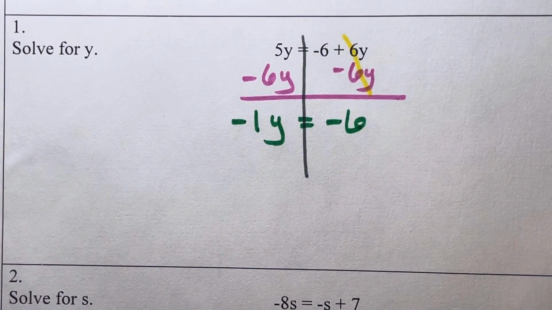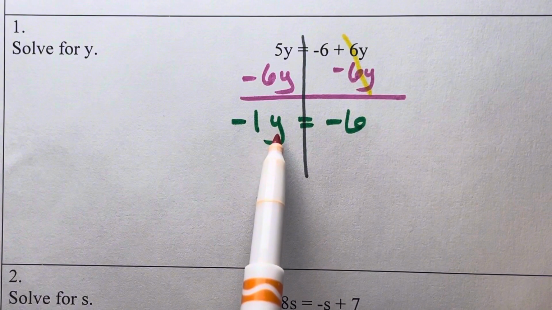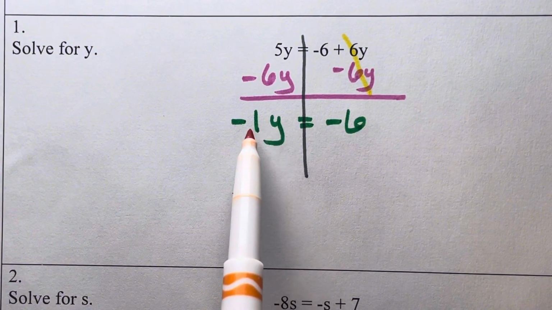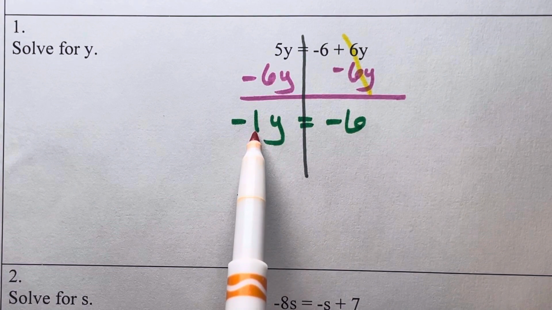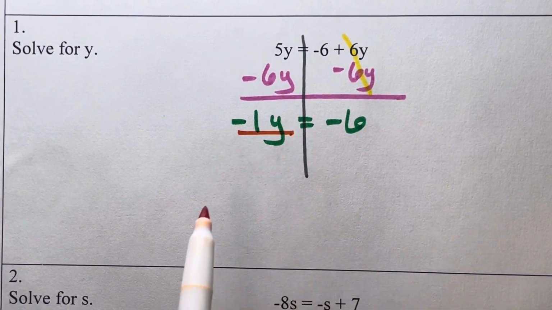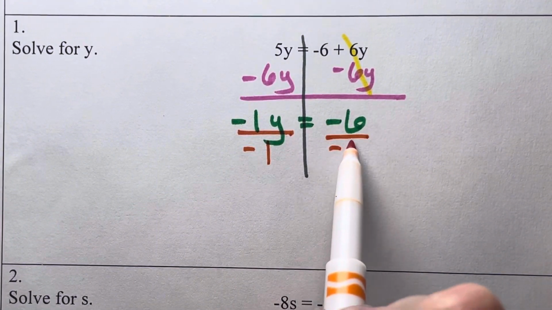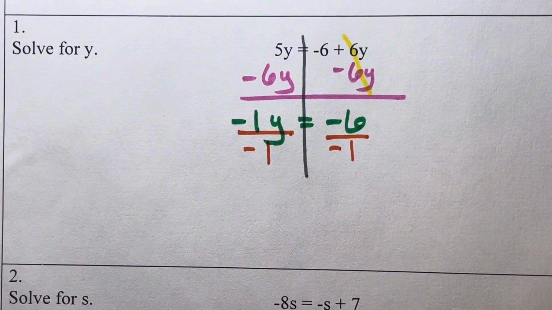Okay, so now this looks very simple because it is. We just need to get the y, now that it's essentially alone, we need to get it positive. Remembering that a variable and its coefficient side by side are multiplying, we're going to do the opposite of multiplying, which is to divide. And what you do on one side of the river, you still have to do to the other side of the river.